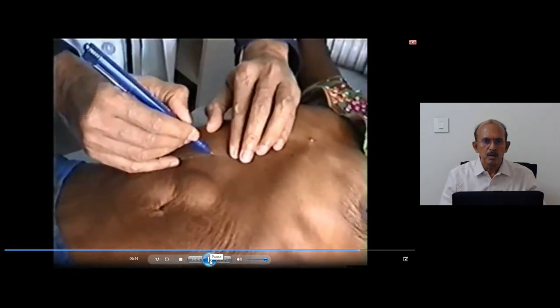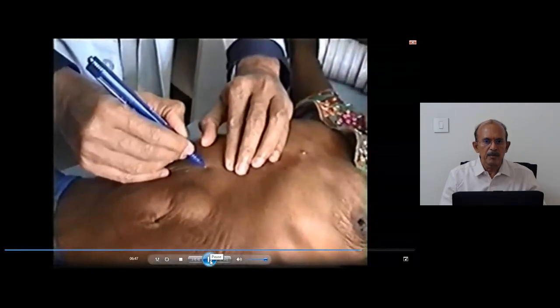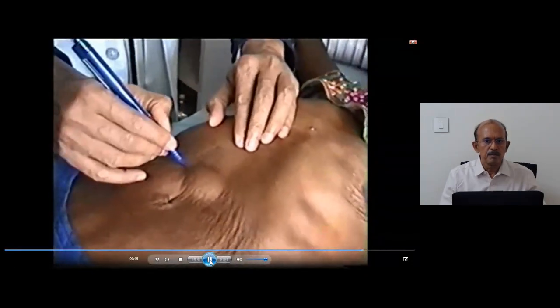I am trying to mark the lower border of the lump.